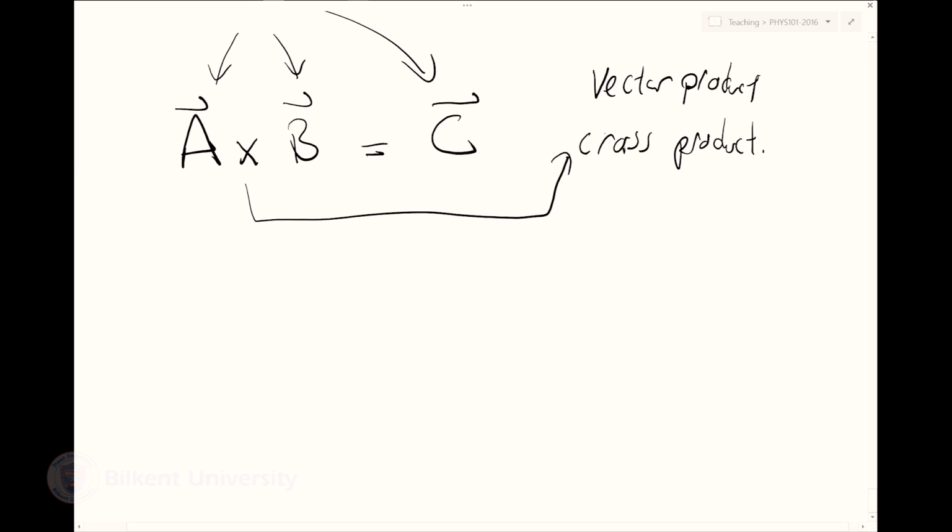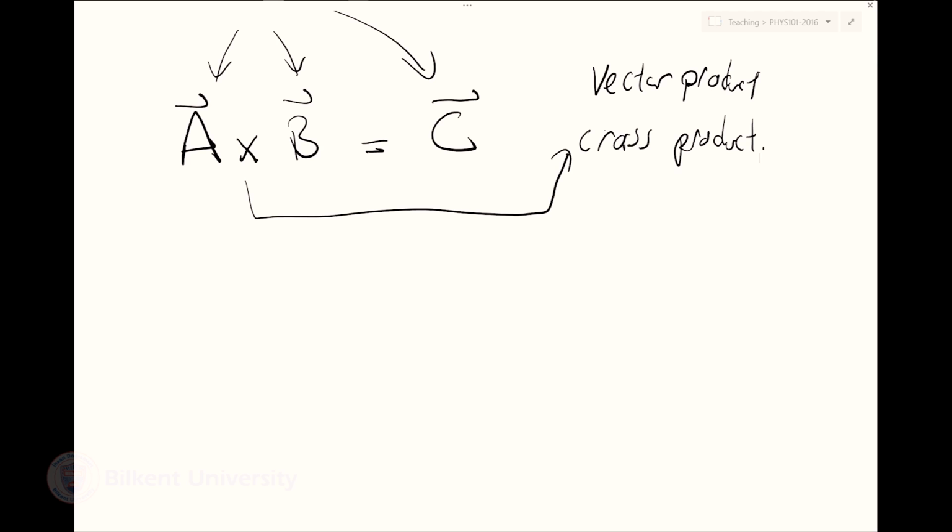And it turns out it's a little bit more involved to define this thing geometrically. First of all, this only works in 3 dimensions. You can generalize it to other dimensions, but it's not going to be exactly like a cross product.